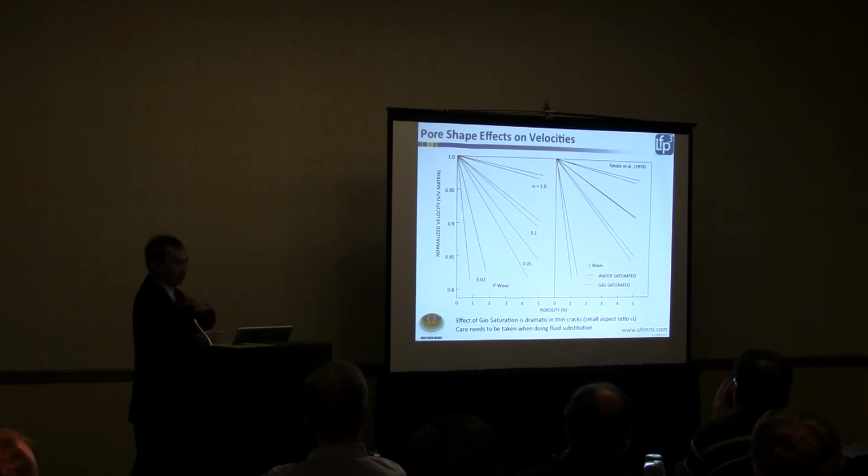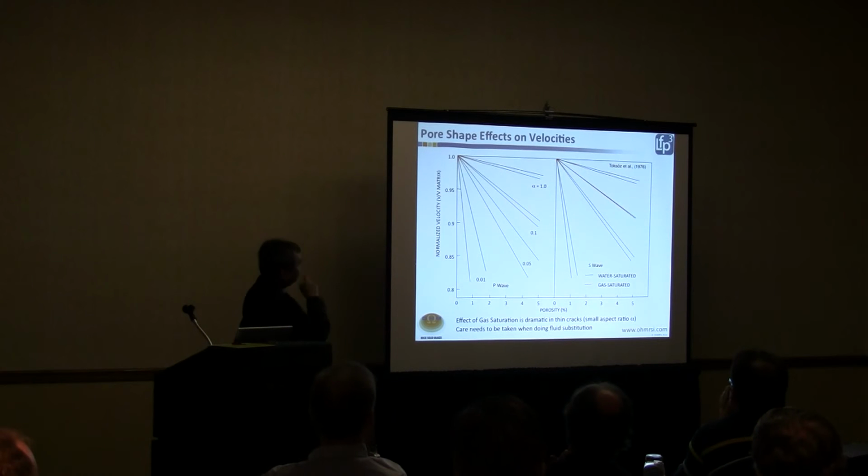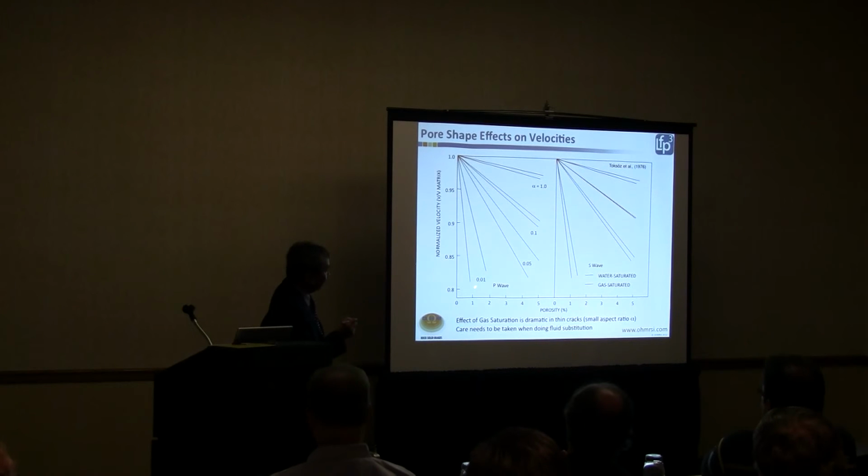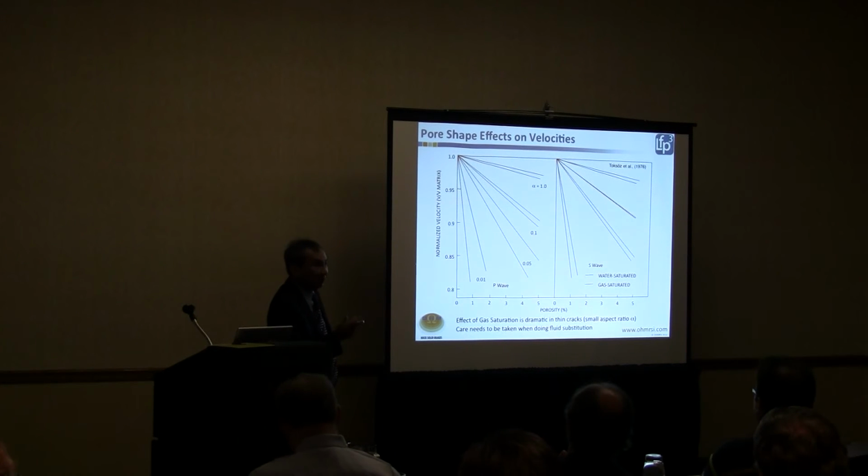So now, as I said, I'm going to talk a little bit about pore shape effect on velocities. This is something from a long time ago, but anyway. So with different pore shapes, the idea I would strive to use is for these cracks, a little bit of a crack goes a long way. So adding tiny bits of cracks, it really changes the properties.